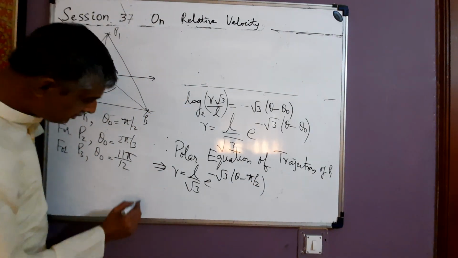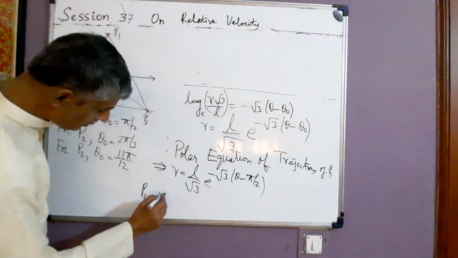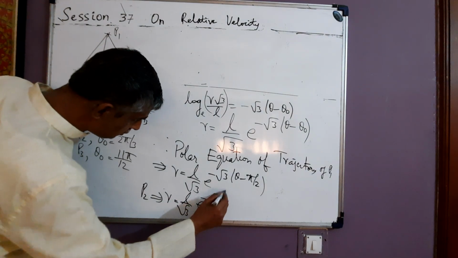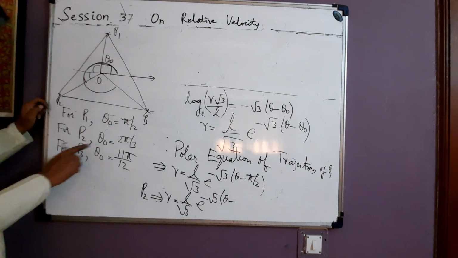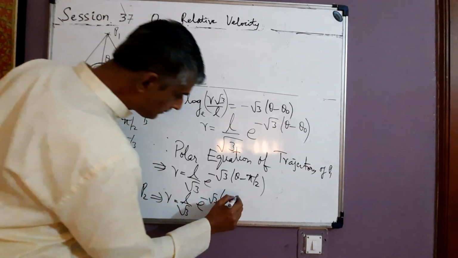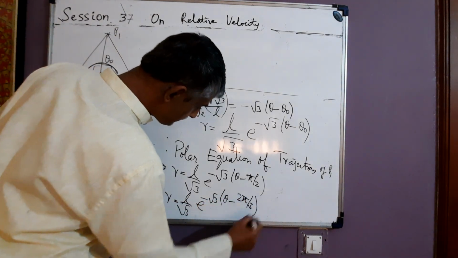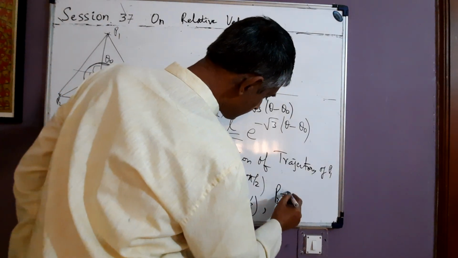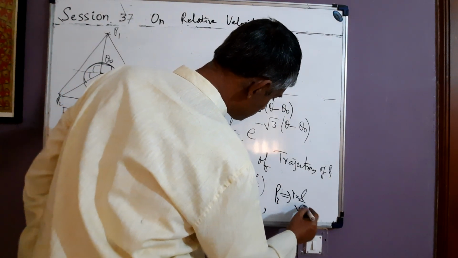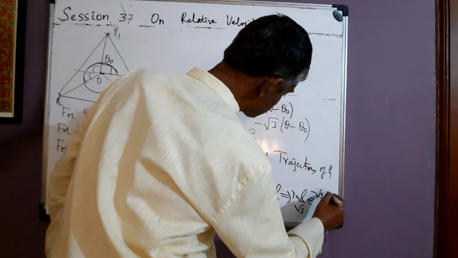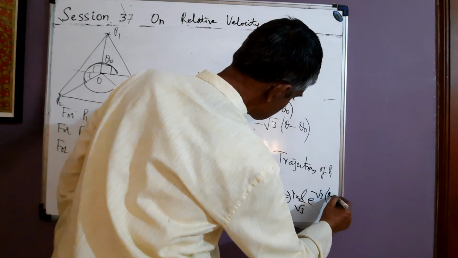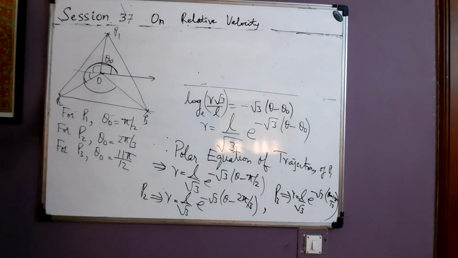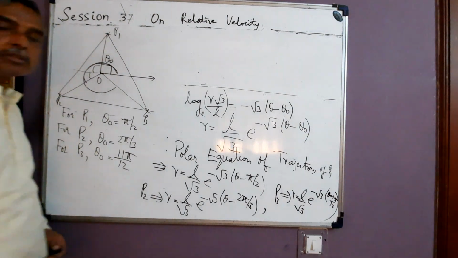Similarly, the polar equation of trajectory of P2: R equal to L by root 3 e power minus root 3 theta minus, for P2 theta naught is 2 pi by 3. And for P3, the polar equation will be R equal to L by root 3 e power minus root 3 into theta minus 11 pi by 6. Alright. So this is the polar equation of trajectory of these 3 points.